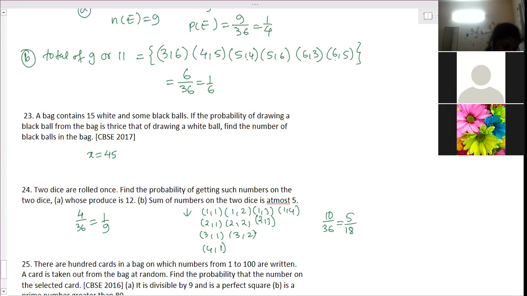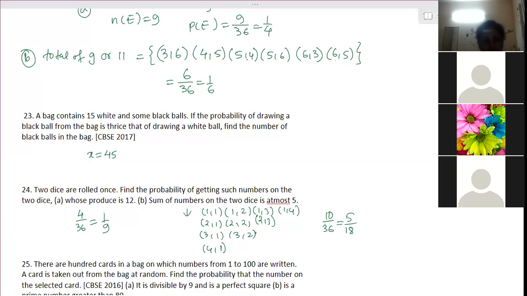Ma'am, for the 24th one, first part, I'm getting 2 by 9, ma'am. How 2 by 9? Ma'am, the possibility, I'm getting it as 8 by 36. Why?